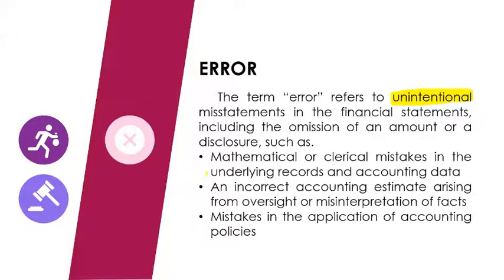Now, the good thing in accounting is we have ways to correct our errors, diba? We can make an adjusting entry. If there are errors or omissions, we can just easily record them. Again, errors can be sources of misstatements in your financial statement.